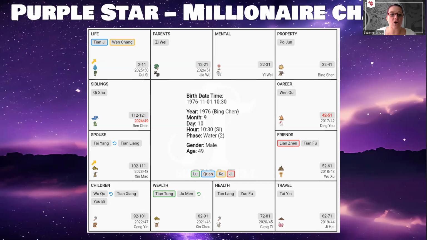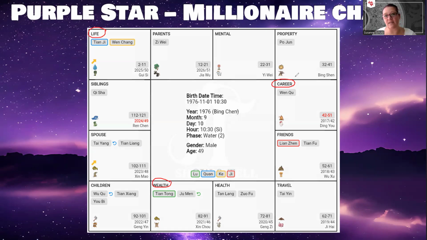Because we are looking for a millionaire formation, we are not really concerned with the parents' palace or the health palace or anything like this. We are only looking at three very specific palaces. And this is the life palace, the wealth palace, and also the career palace.